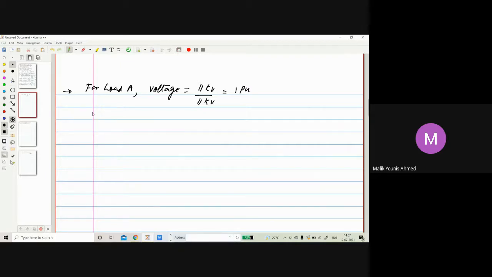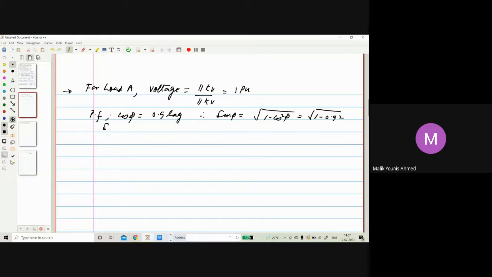Power factor is given, cos phi is 0.9 lag. It is given in the numerical itself. So you can find sin phi from here. Sin phi will be the square root of 1 minus cos square phi, which is the square root of 1 minus 0.9 square.